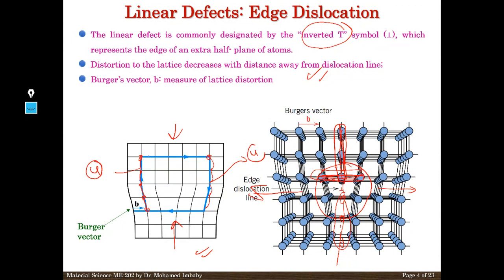Okay, count 1, 2, 3, 4, 5. We have 5 here. Count from the bottom 1, 2, 3, 4. We have 4 here. So this is not a perfect crystal. In order to make it perfect, all the missing lines supposed to be there. You have to add 1 here, right? To make balance between them.